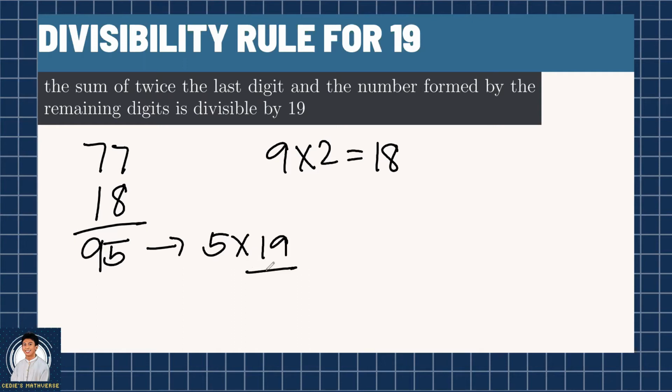So, we have proven that 779 is divisible by 19. An exercise for you: prove whether 988 is divisible by 19 or not.